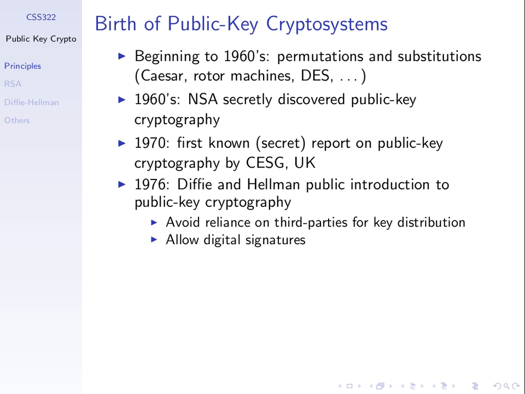We'll see the Diffie-Hellman algorithm for key distribution next week. It turned out before that the NSA in the US and in the UK, a government cryptography group were working on the same principles. They just did not publicly reveal that until later. So this type of cryptography is quite new compared to the Caesar cipher, which is hundreds of years old.